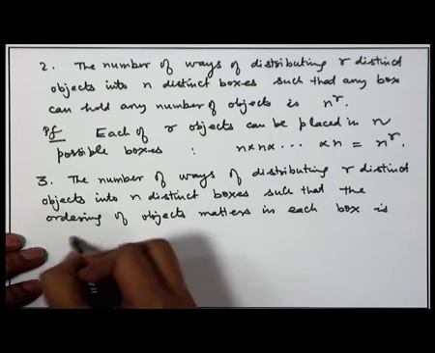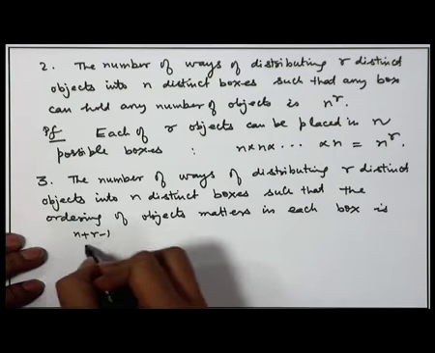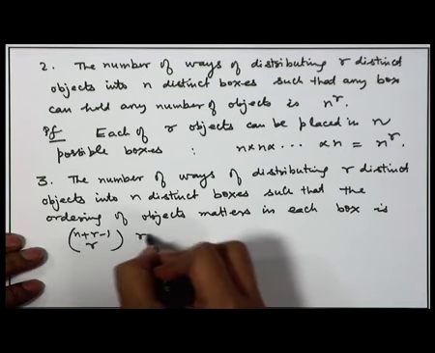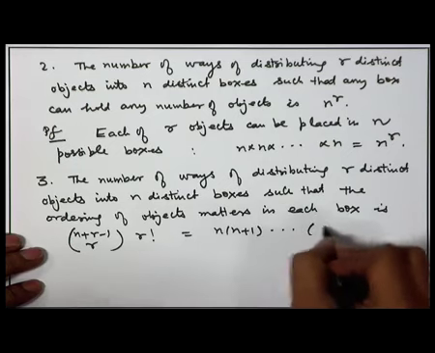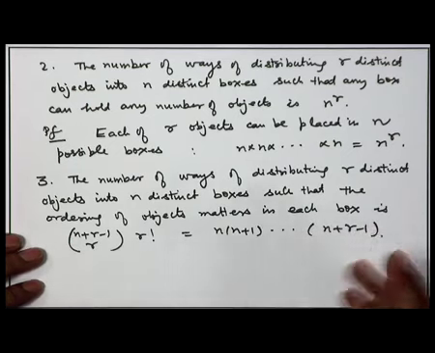So, then that is equal to n plus r minus 1 C r into r factorial, that is n into n plus 1 and so on up to n plus r minus 1.